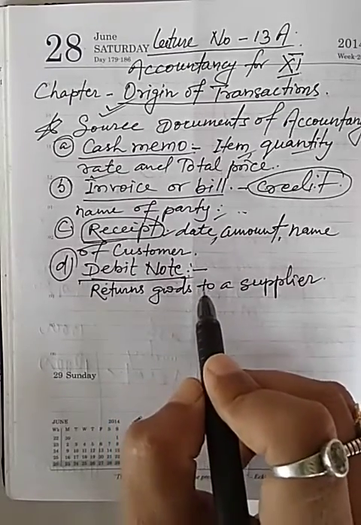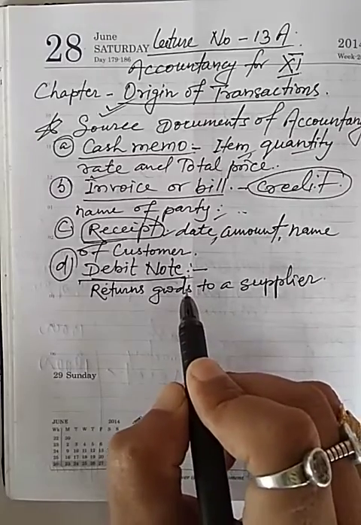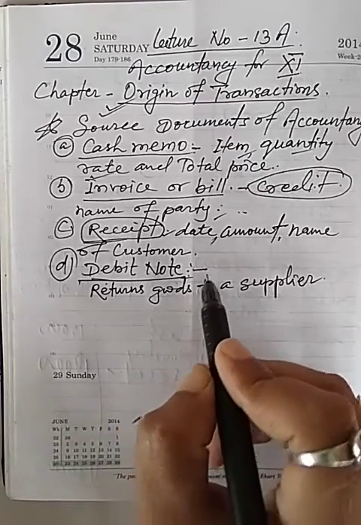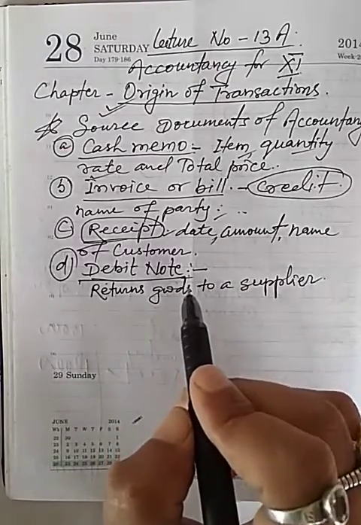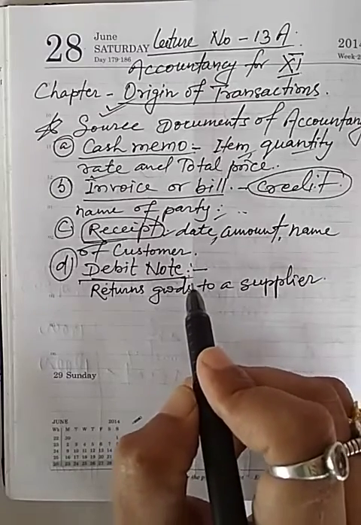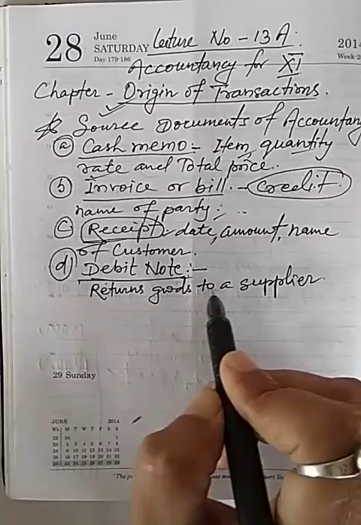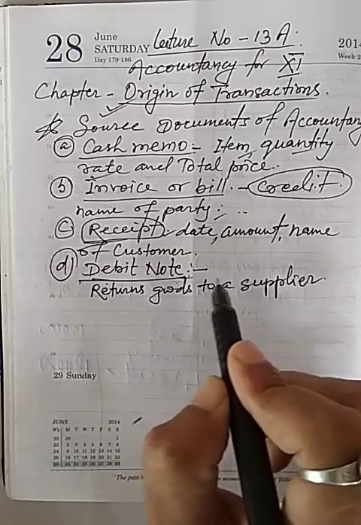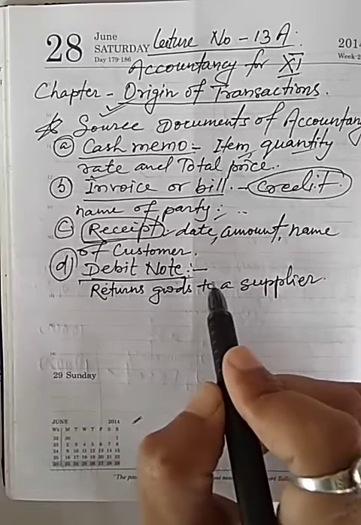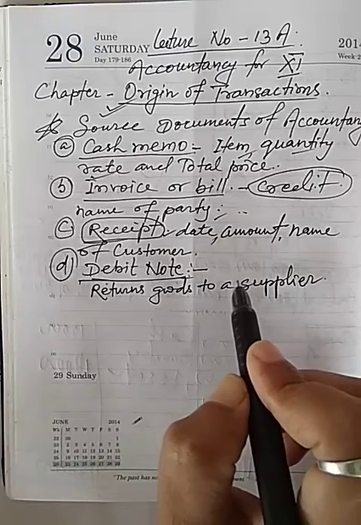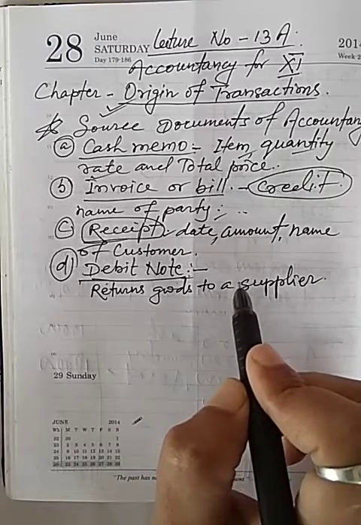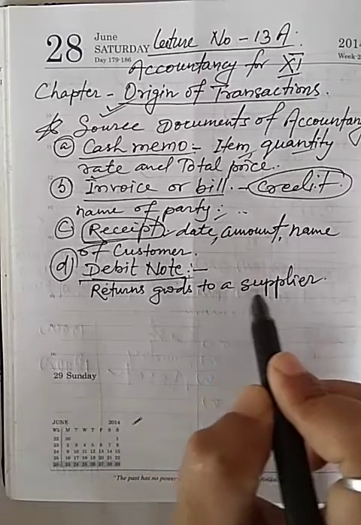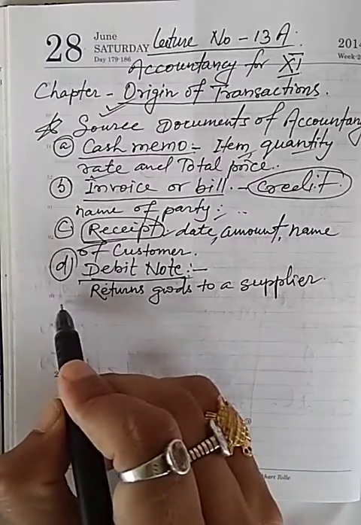It contains the date of transaction, name of account which is debited, the amount, and the reasons for debit. A duplicate copy or the counterfoil of the debit note is retained by us, on the basis of which the supplier's account is debited in our books.